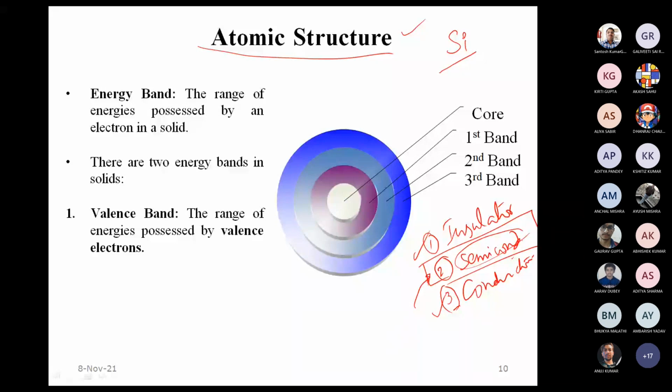So this is the atomic structure we have. The core is there, then the first energy band, then the second energy band, then the third energy band. Multiple energy bands we can see here.